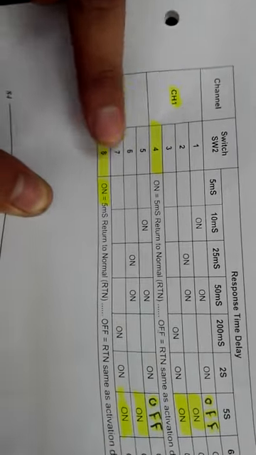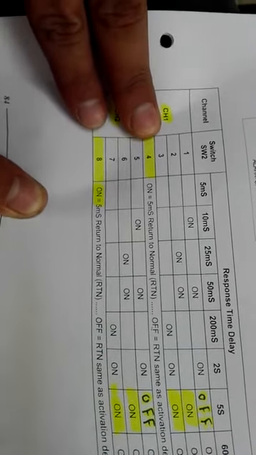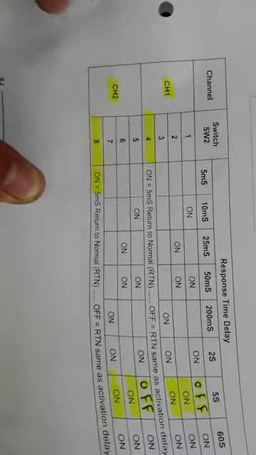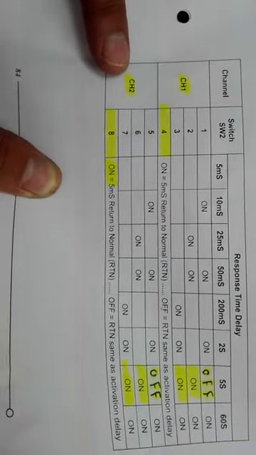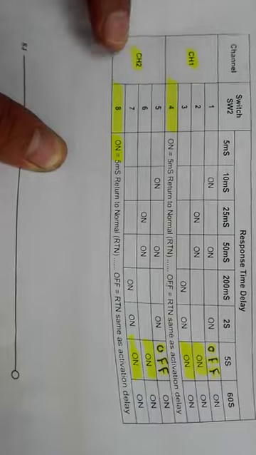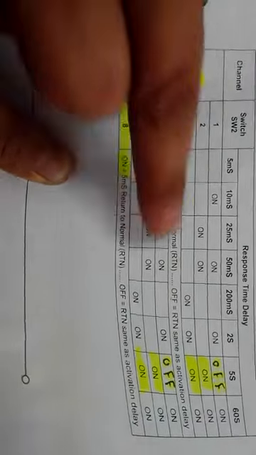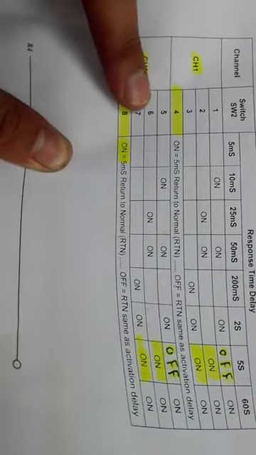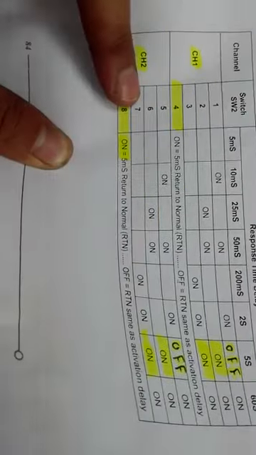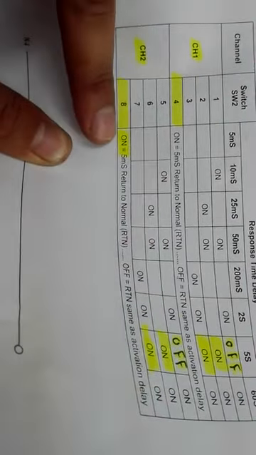And similarly we will turn on 4 and 8, which have a separate logic that I will explain. Then similarly the pattern for channel 2: 5th off, 6th on, 7th on, 8th also on.